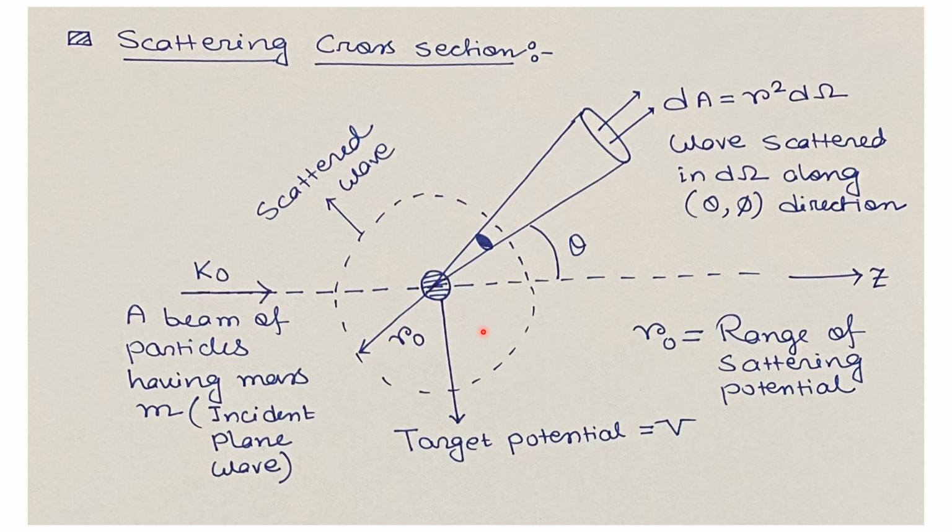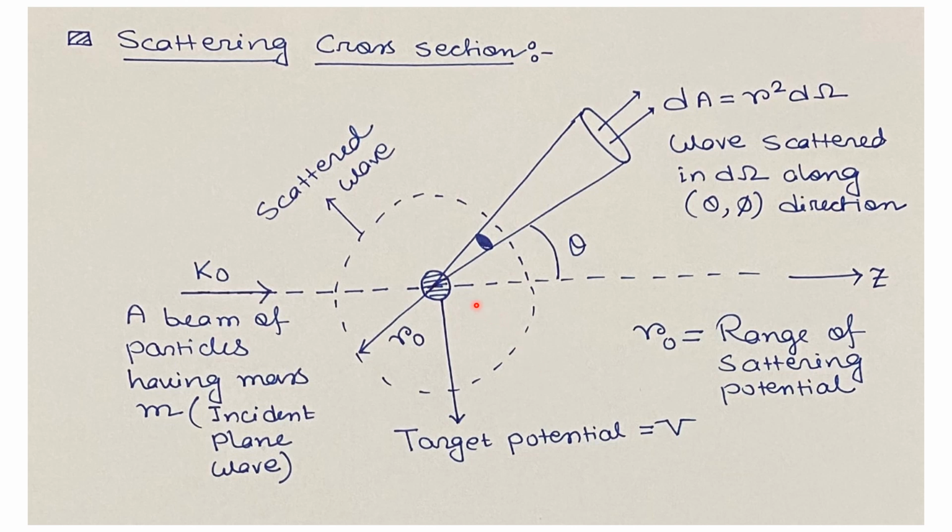So they will experience a force and they will get scattered. But after scattering, when they come out of this sphere, they cannot experience the effect of the target potential there. So they will act as free particles outside this sphere of radius r0, and they will move along a straight line.